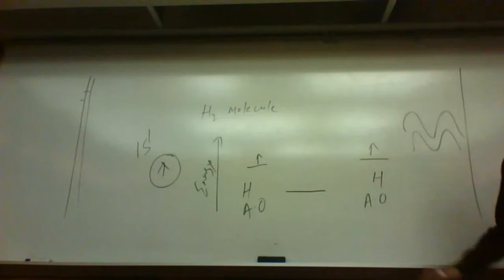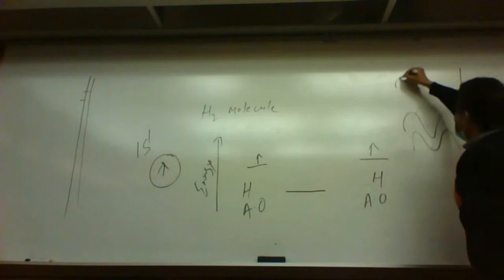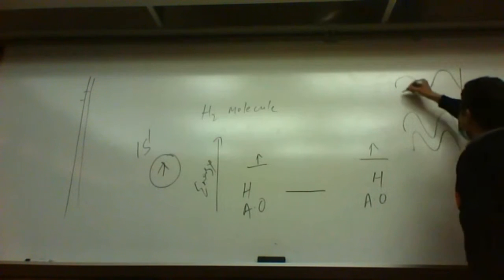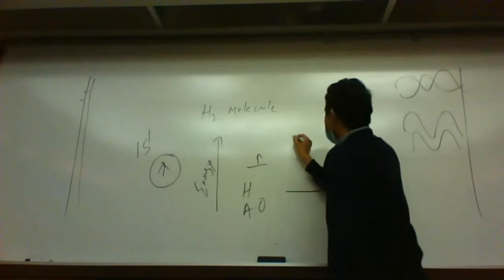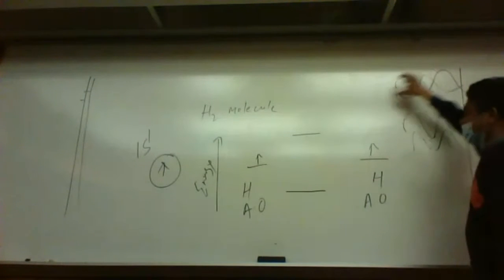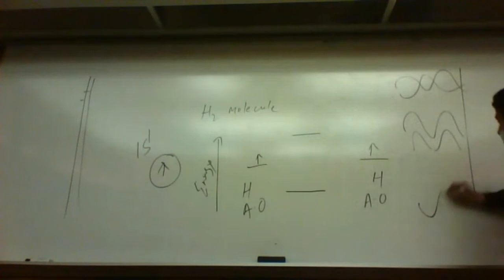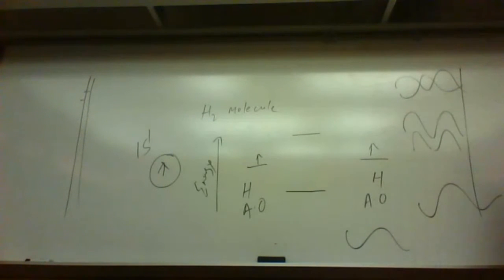And these two are destructively interfering like this, right? And then we put that here. Here is the anti-bonding. So this is this one, this is this one. Make sense?